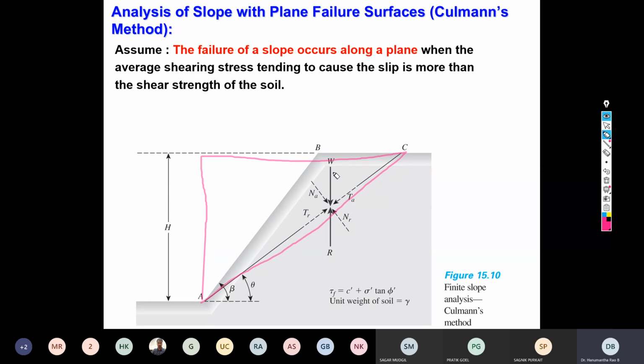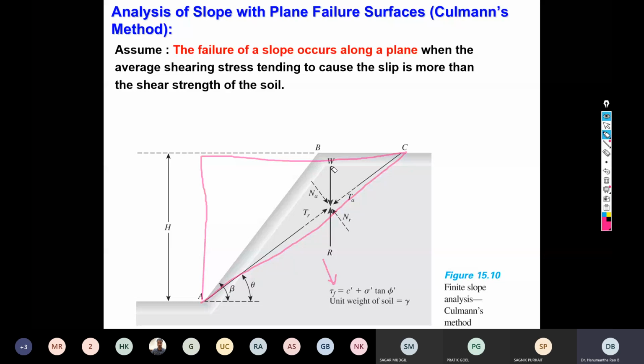Therefore we term W as the weight of the wedge ABC, and the shear strength develops opposite to the movement of the wedge. So the reaction R designates the shear strength development. The shear strength equation is tau equals c plus sigma tan phi dash.